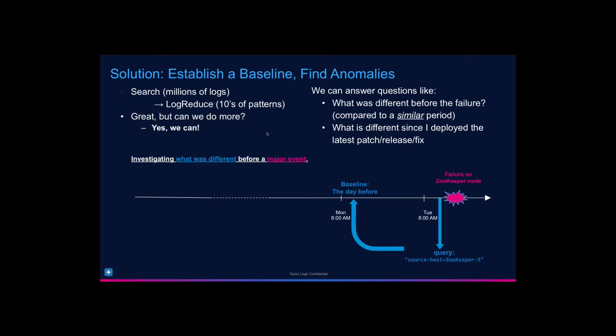Now, with LogCompare, you compare the events with a similar normal period that didn't cause any failure and see what has changed. It could be the day before, if you have a daily cycle, or a week before, or any combination.